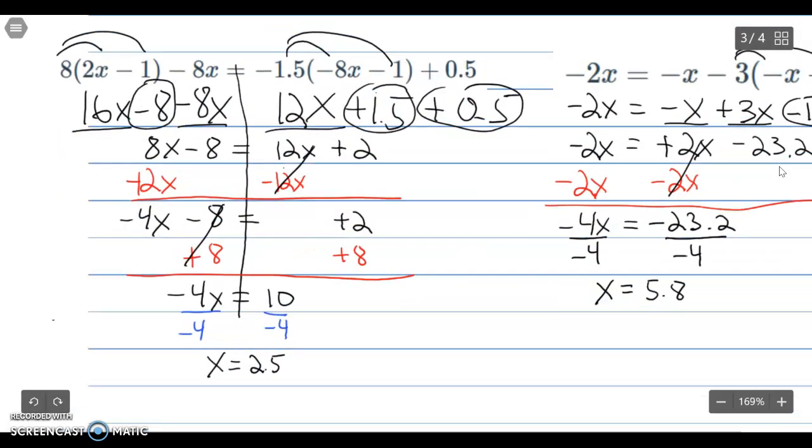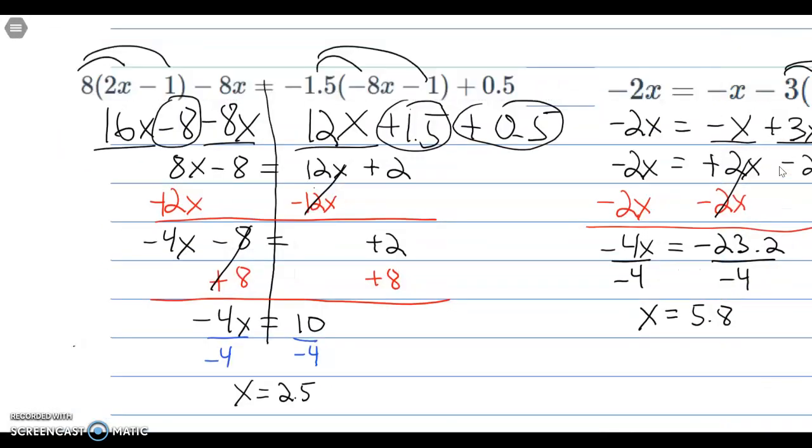So let's break it down. All right, so first I distribute, okay? And I got my like terms that I collect on one side here. Here I have two variable terms, but you just collect those. Different signs, find the difference. Over here I got two constants. They added up to get 2.